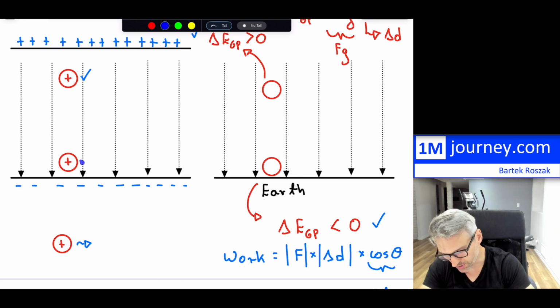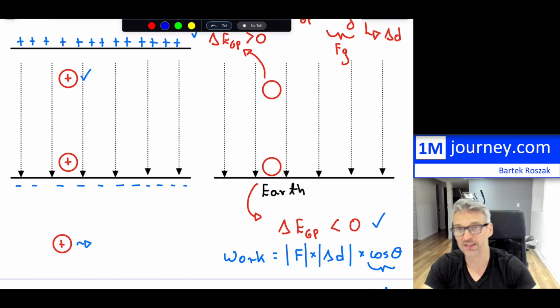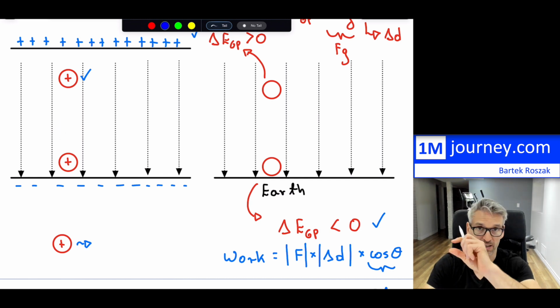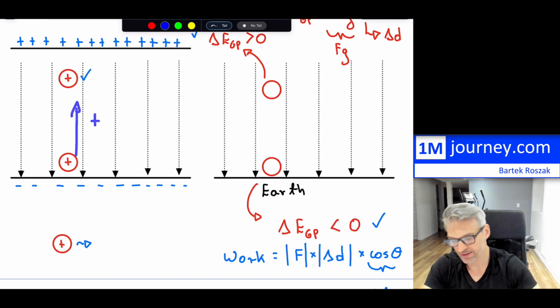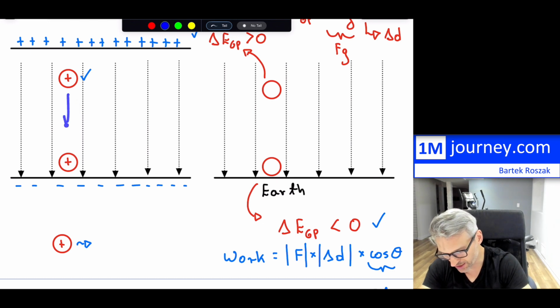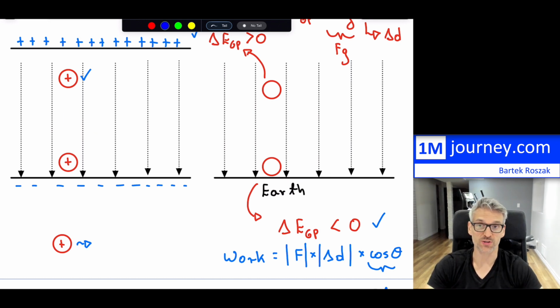And if it was down in here and you were trying to push it upwards, that means you were going against the electric field. So therefore you would have to do work. So if you would be lifting this up, this would be gaining energy. So this down here, it's going to be losing energy, and this right here, it's going to be gaining energy. That's what's going to happen.